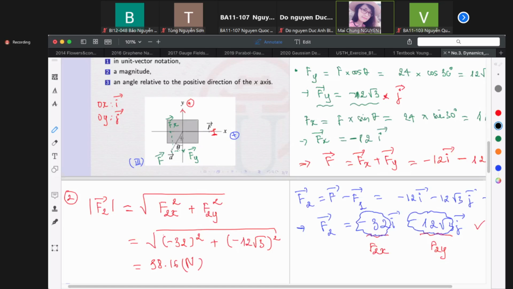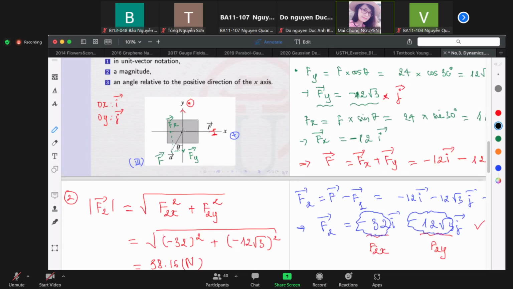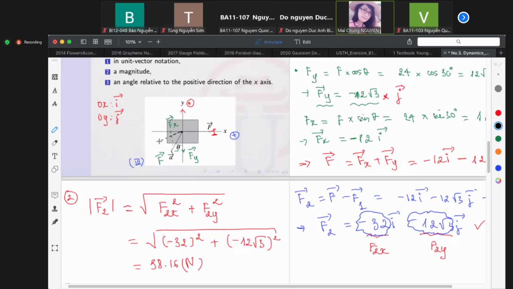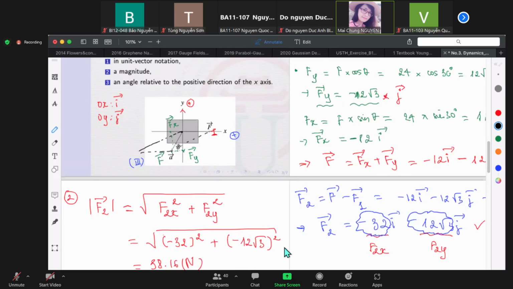So now we could show F2 like this, for example, here.